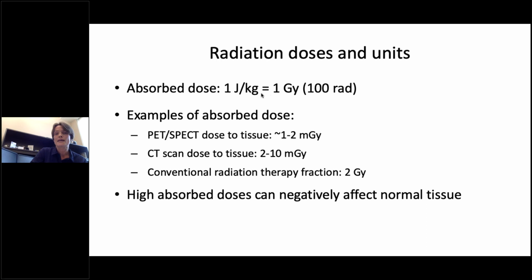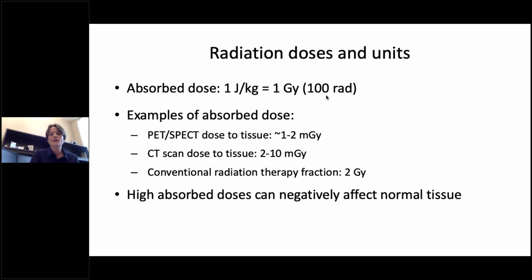And so when it does that, what we can measure is the amount of absorbed radiation dose in joules energy per kilogram tissue that is exposed. And that becomes then 1 gray. Now the gray is the international unit, and as you may know, us Americans, we sometimes like to do things different. So you may also see absorbed doses indicated in rad, in the United States in particular, but it's quite easy. 1 gray is just the same thing as 100 rad.